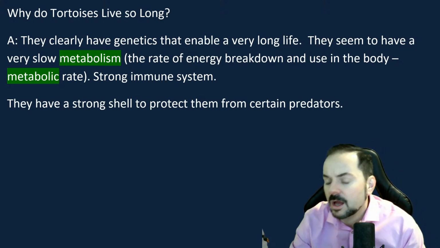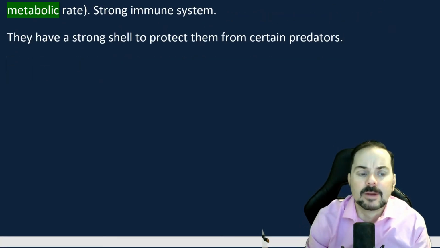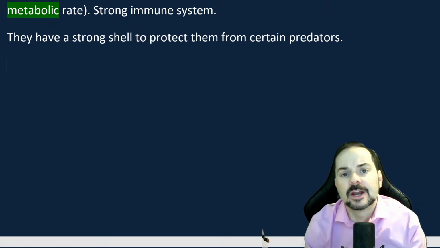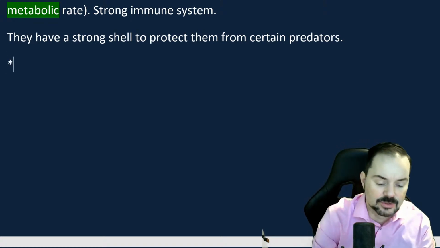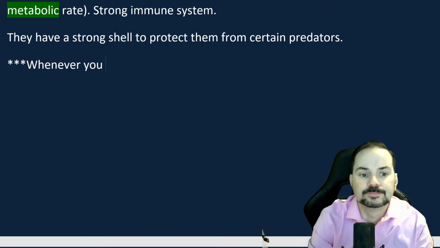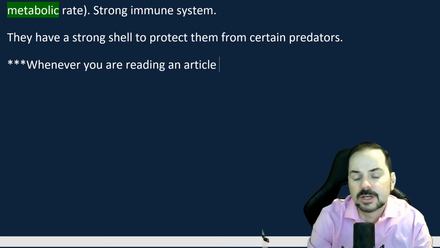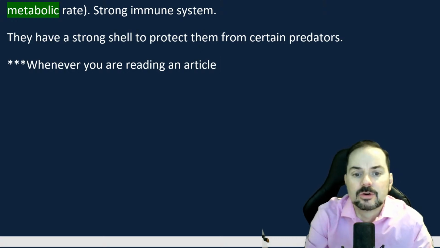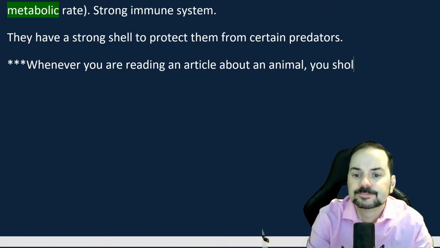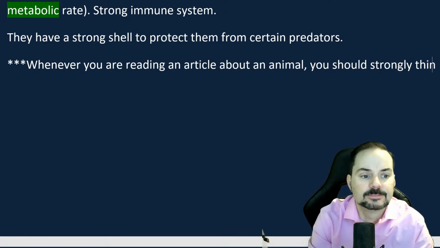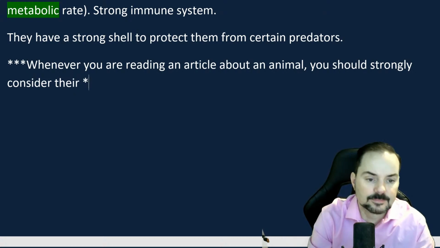So, yes, they have a strong shell to protect them from certain predators. Okay. Now, whenever you're thinking about an animal, you should always think about their habits and their habitats, okay? So whenever you are reading an article, I'm especially thinking about IELTS here, an article about an animal, you should strongly consider their habits and habitats.